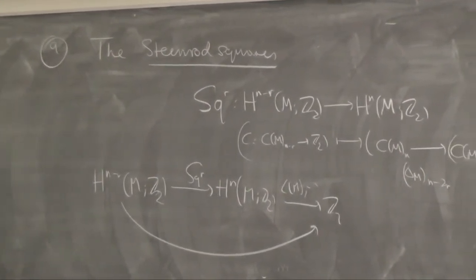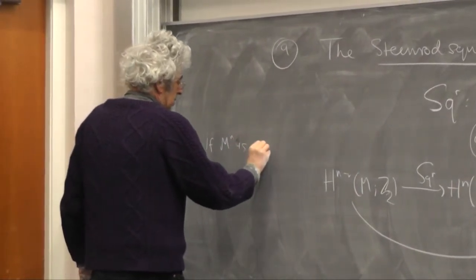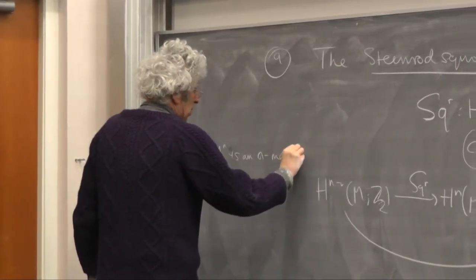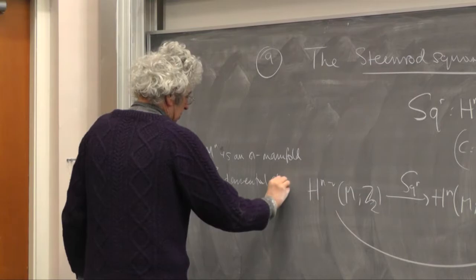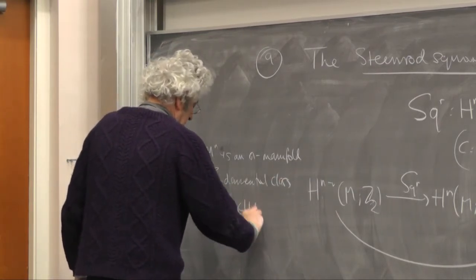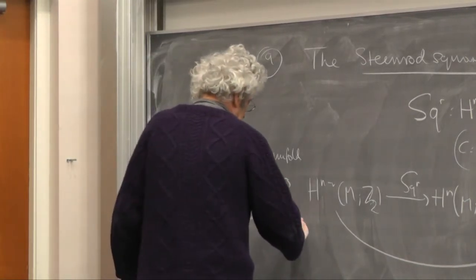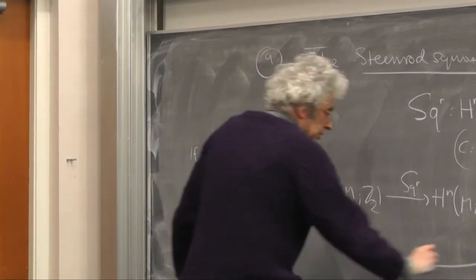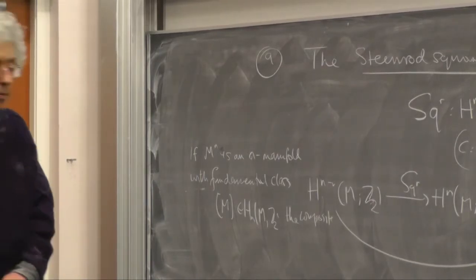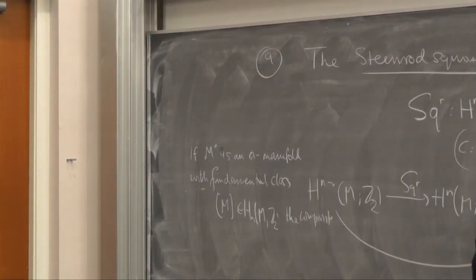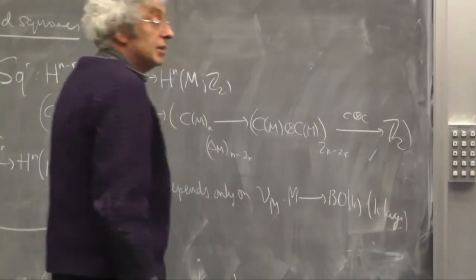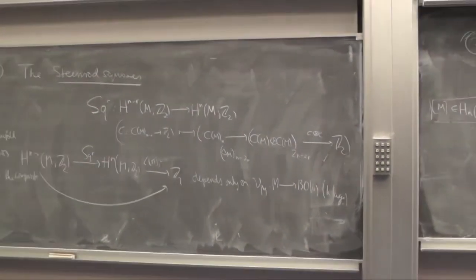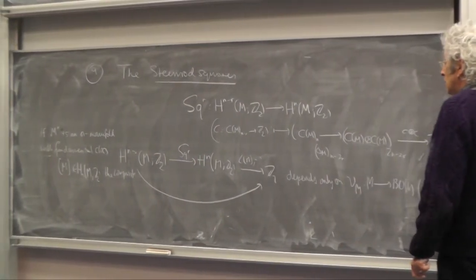If M is an n-manifold, it doesn't have to be oriented particularly with fundamental class, this composite depends only on the normal bundle. So now this is not so obvious. It has been known for 60 years, but it is in fact dual.